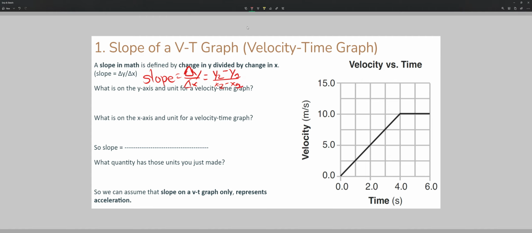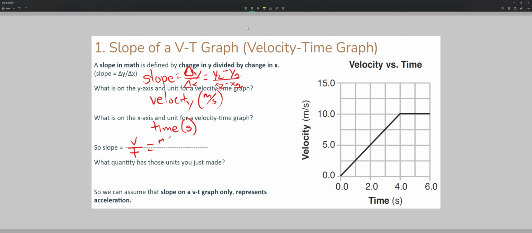So the question you see here says, what is on the y-axis and the unit for the velocity time graph? Well, your y-axis gives you velocity, so velocity is meters per second. And your x-axis is time. So your slope here would be y over x, so v over t, velocity over time.